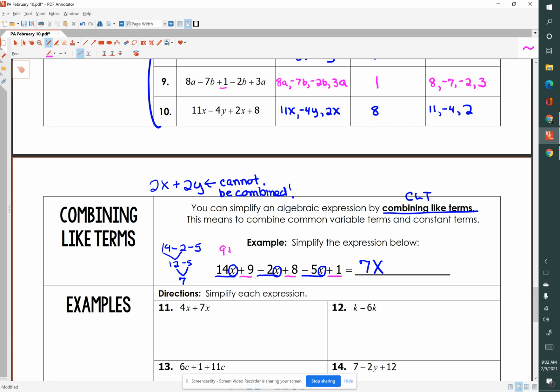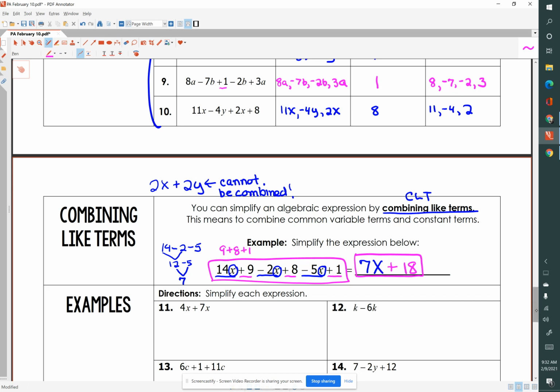So 9 plus 8 plus 1: 9 plus 8 is 17, and 1 more is 18, positive 18. So 7x plus 18 is the expression 14x plus 9 minus 2x plus 8 minus 5x plus 1 simplified.